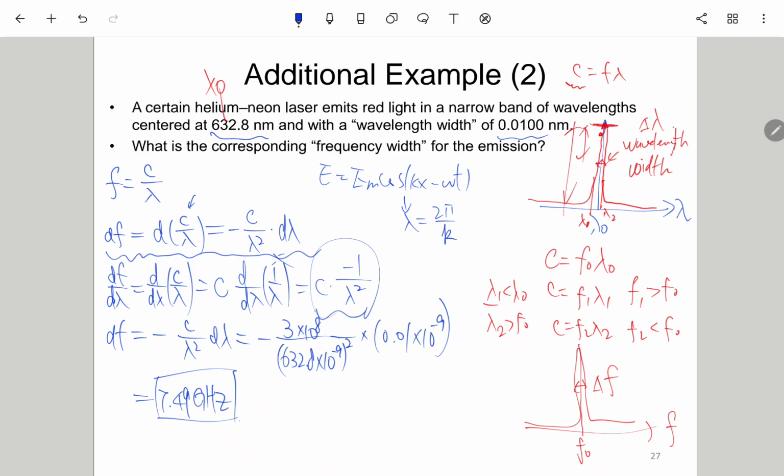Okay, so this 7.49 gigahertz frequency variance seems very large, but actually you can try, if you have interest, to really calculate what is f0 equals C over lambda. So this is actually 3 times 10 to the 8th power, and then over this 632.8 times 10 to the negative 9th power.